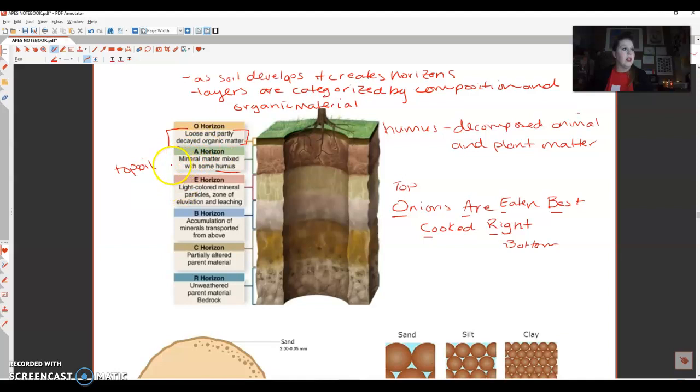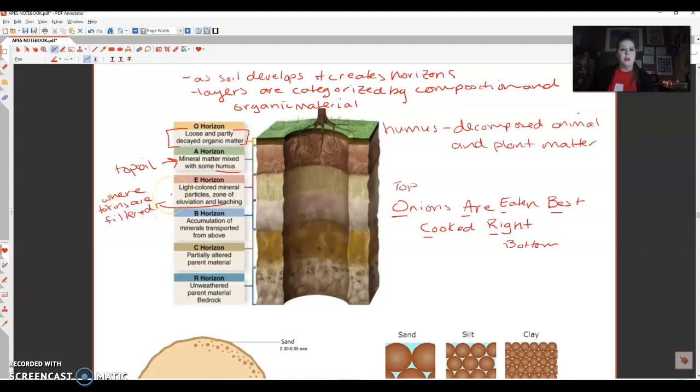Okay, so the A horizon is topsoil. All right. The E horizon is light-colored mineral particles, zone of eluviation and leaching. So what this means, the leaching part, okay, this is the layer where toxins are filtered out.